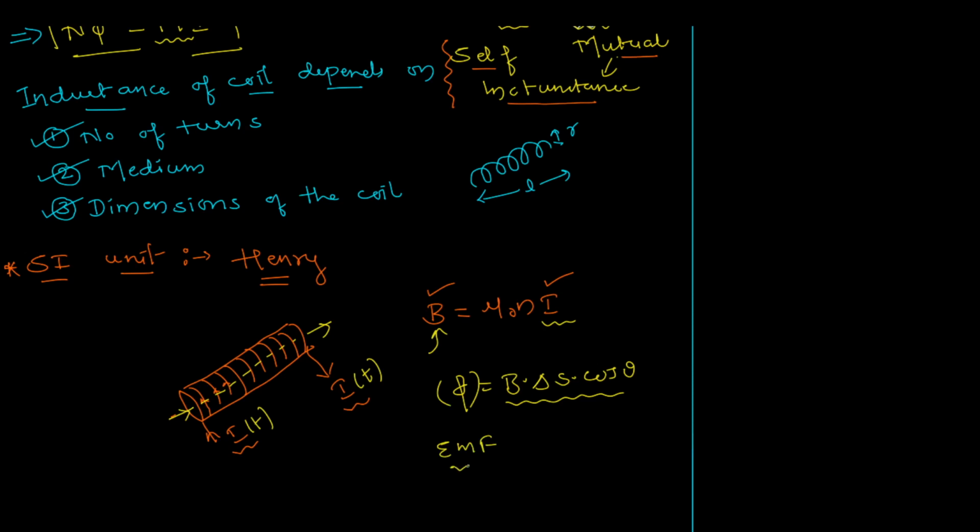So you notice that changing current in this very coil led to an induced EMF in the very same coil, and such a phenomenon we call self-inductance. It's called self-inductance when changing current in a coil leads to changing flux in the same coil.